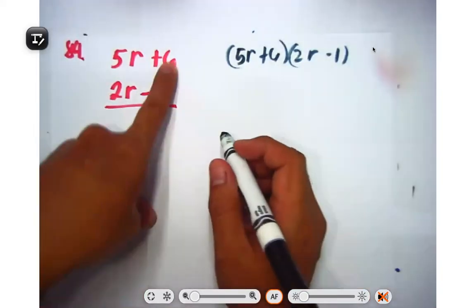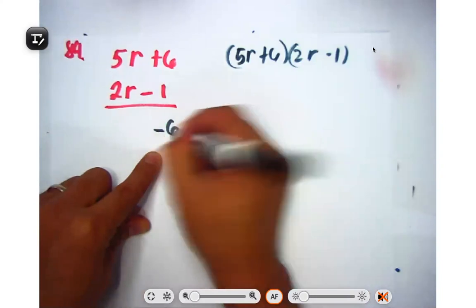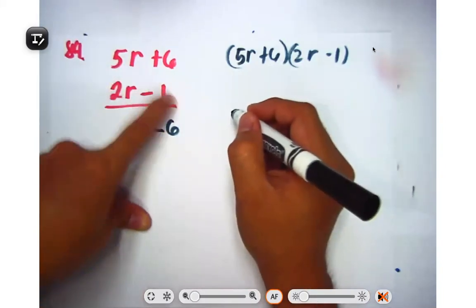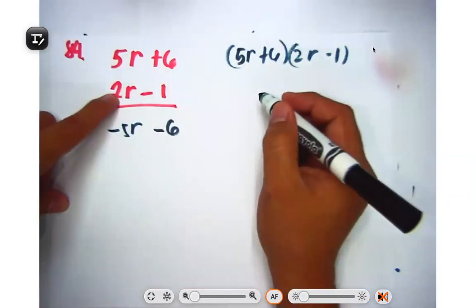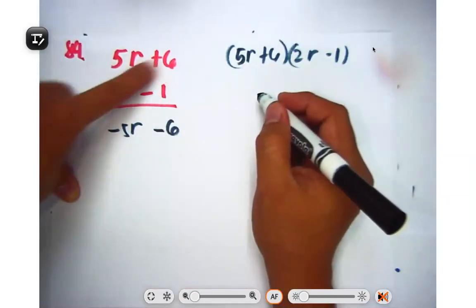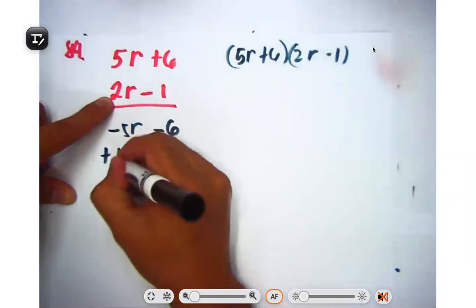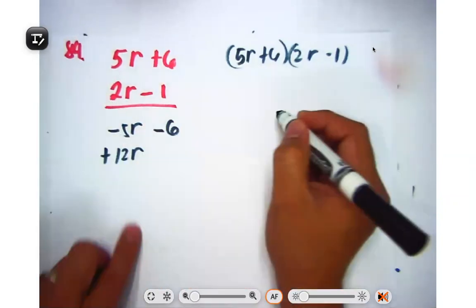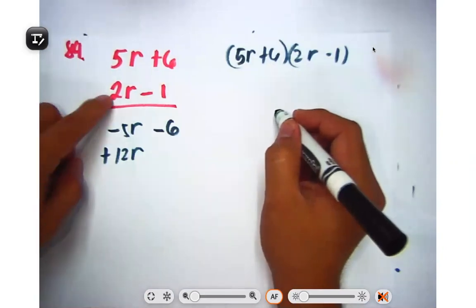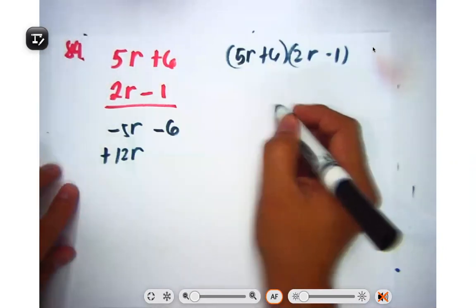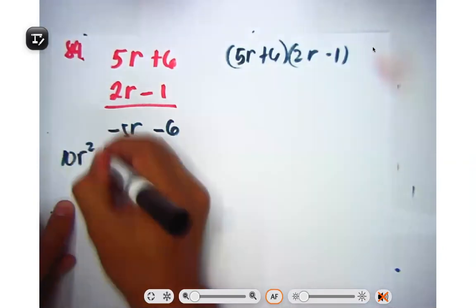Negative 1 times 6, negative 6. Negative 1 times 5r, negative 5r, and then we go to 2r. 2r times 6 is going to be 12r, so it should be in the same r column. And then 2r times 5r is 10r squared.